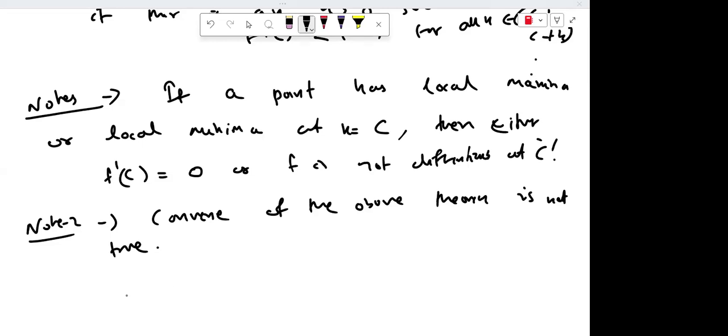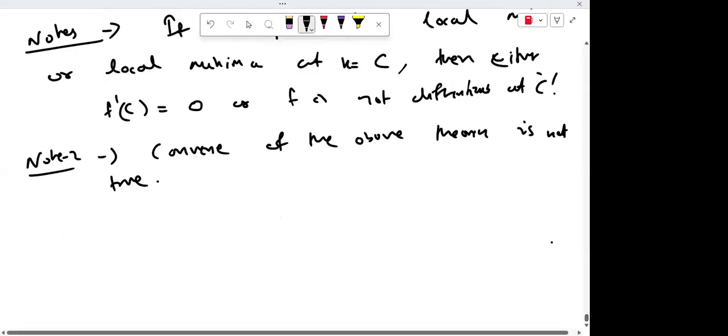Okay, what it means is, if a function has local maxima or local minima, then it must be either not differentiable at that point or the differentiation must be 0. But that does not mean that if the function is not differentiable at c or the differentiation is 0, it is a local maxima. Every rectangle is a quadrilateral, but not every quadrilateral is a rectangle. Every samosa has aloo in it, but not everything that has aloo in it is a samosa.